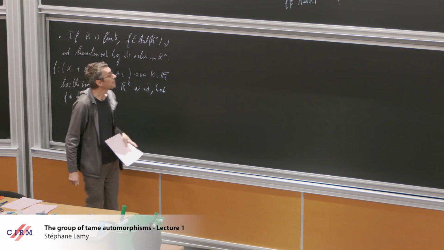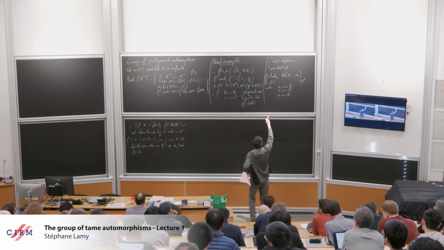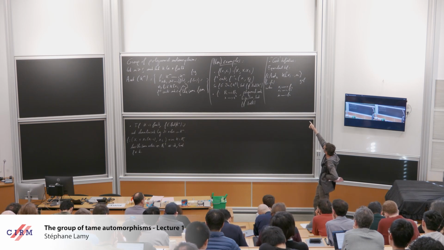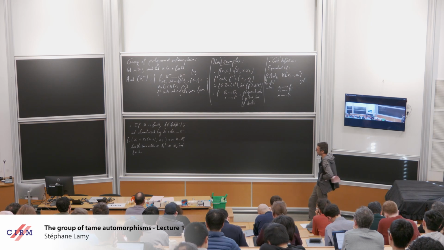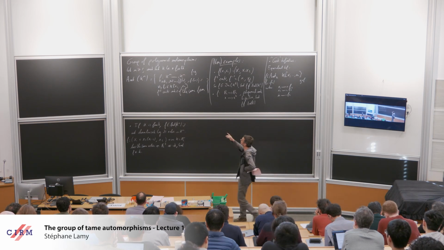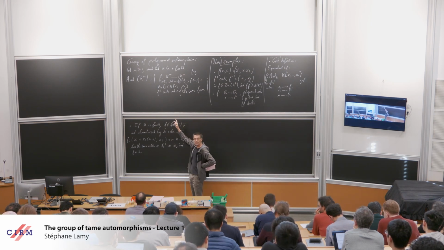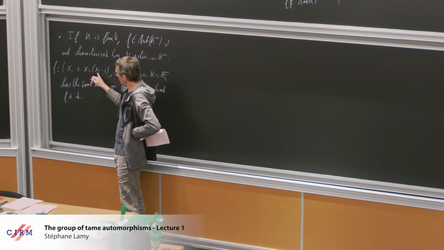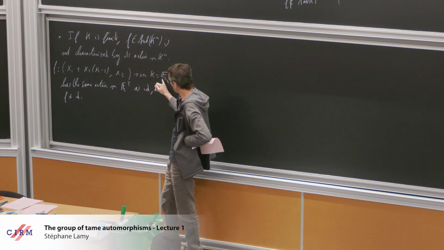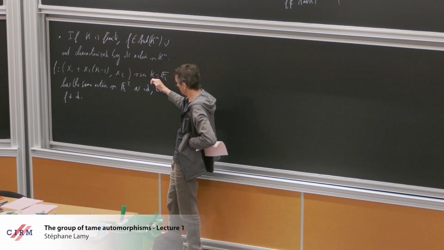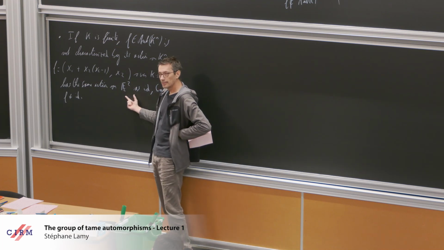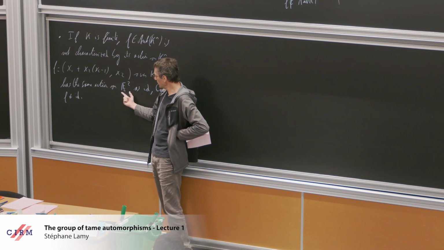So again, either you think of it as a substitution and you say, okay, at the level of algebra, I'm doing something, I change x1 by another polynomial. Or if you, like me, prefer to act on points, the real way to think of such a map is a map that acts on the algebraic closure. So it acts on F2-bar squared. So now it's not the identity because you have many, many points where it's not the same.